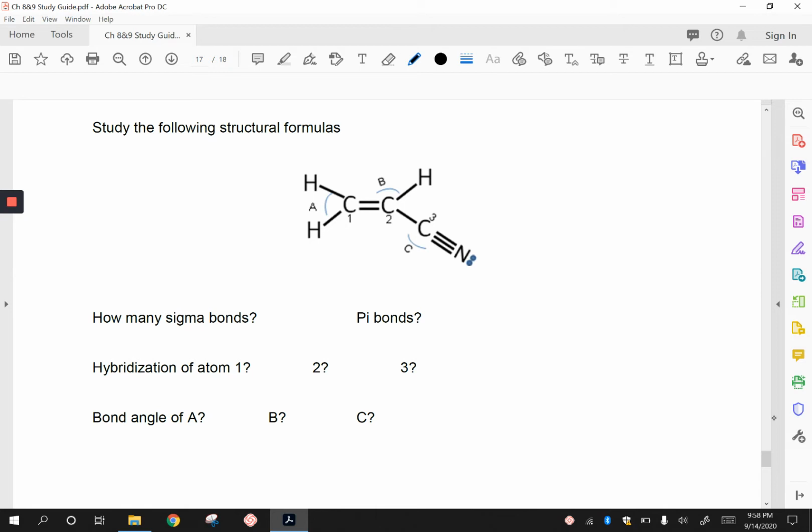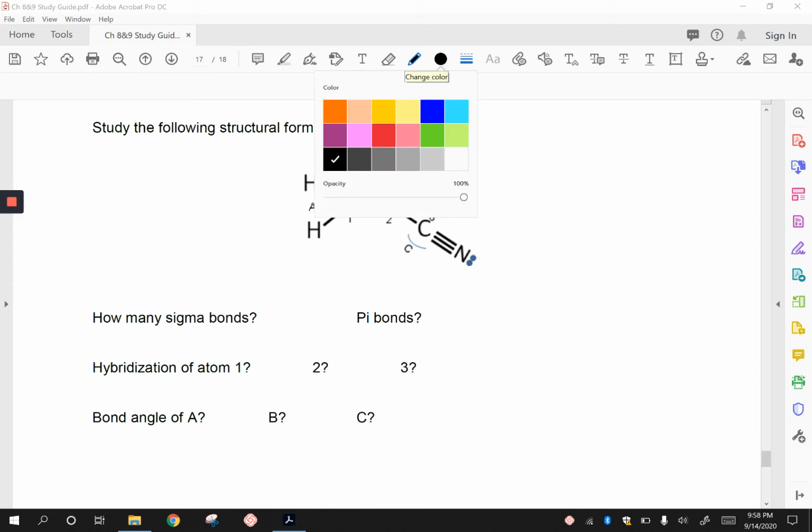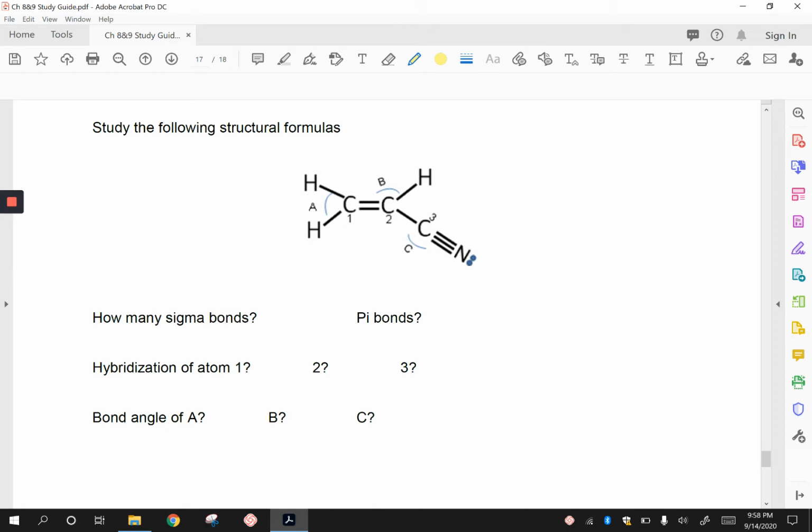So let's look at this structure. We want to know how many sigma bonds and how many pi bonds. So remember that the first overlap between any two atoms is a sigma. So there's a sigma, that's 1, 2, 3, 4, 5, 6.